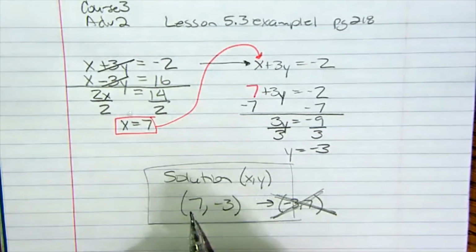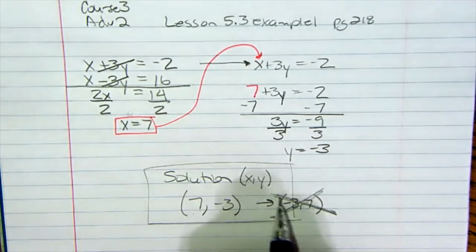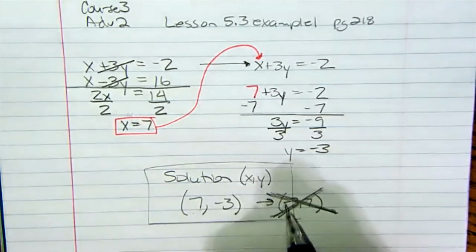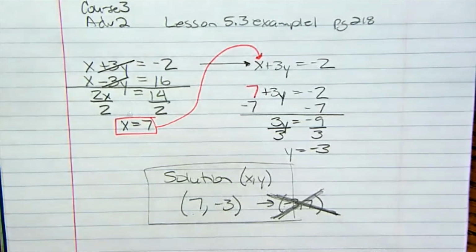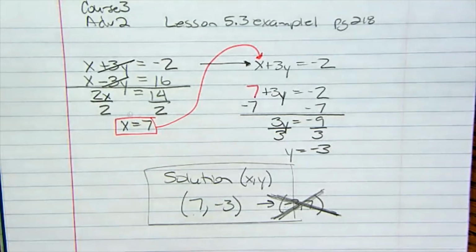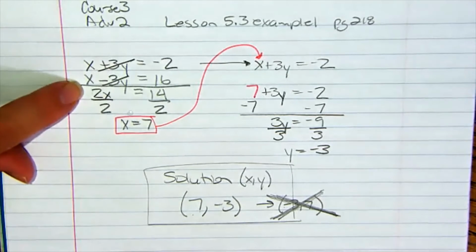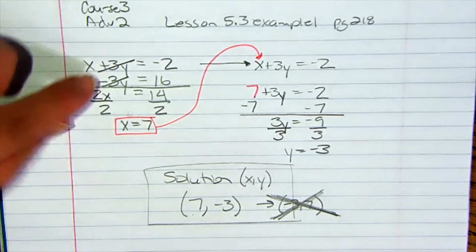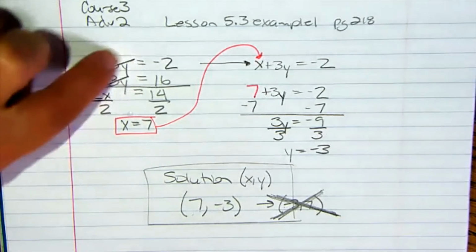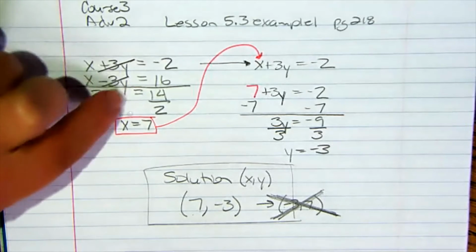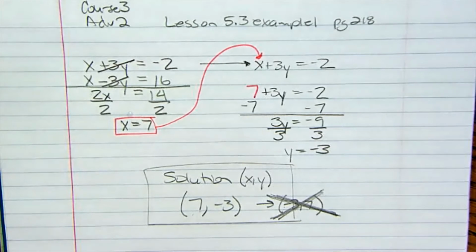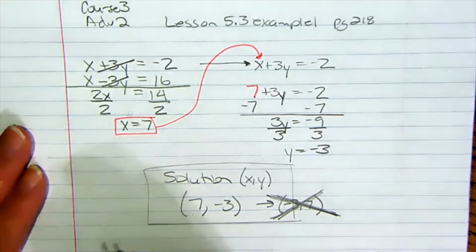And this is a different solution than -3, 7. Order matters. So it's kind of nice when we have a system of equations and we decide to add those equations to each other and we can eliminate one of the variables. It makes life a little bit easier.